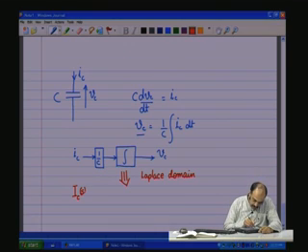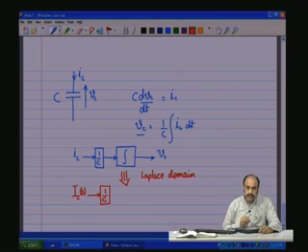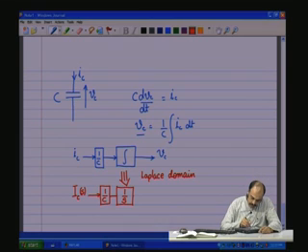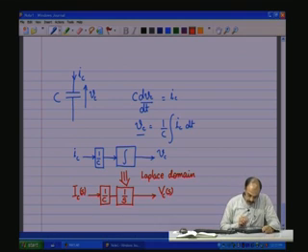Now, instead of being a function of t, it should become a function of S. A constant still remains a constant even in the Laplace domain, and this is followed by an integrator, which in the Laplace domain becomes 1/S, and this gives you an output which is uppercase Vc as a function of S. So, this would be the mapping of the time domain block or the time domain equation into the Laplace domain equation or the Laplace domain block.